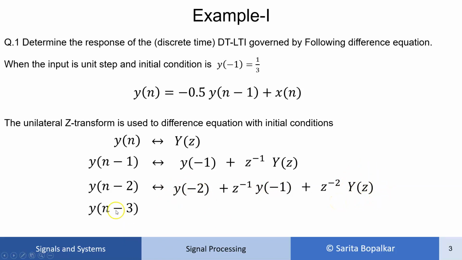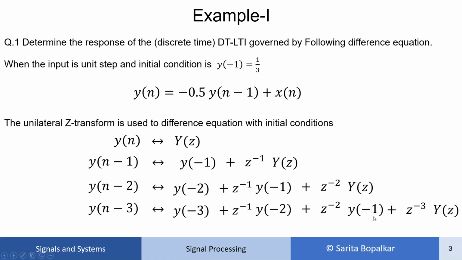Similarly, y of n minus 3 will start from y of minus 3 plus z raised to minus 1 y of minus 2 plus z raised to minus 2 y of minus 1, and now z raised to minus 3 y of z. So like this, whenever initial conditions are given in an example, you have to consider them.